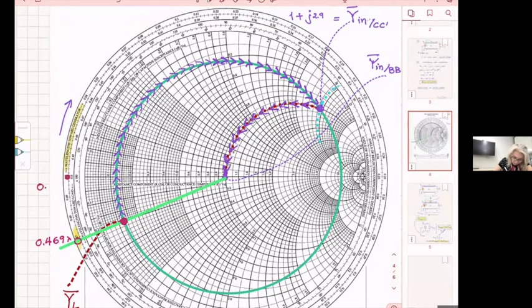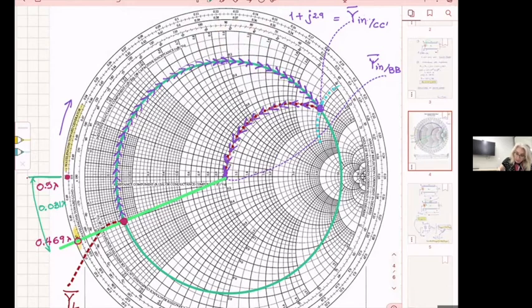Then as I move along this green circle, along the arrows, I'm going through this point, which is 0.5 lambda, meaning that to go from there to 0.5 here, I made a trip of about 0.031 lambda.